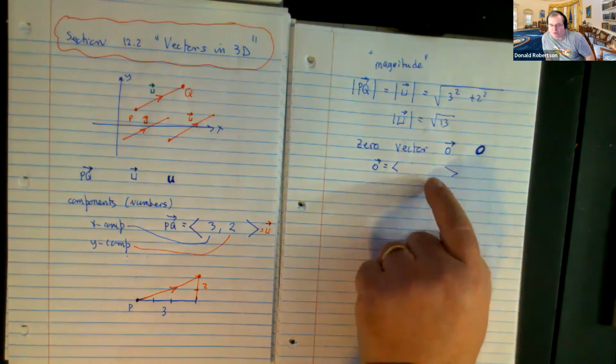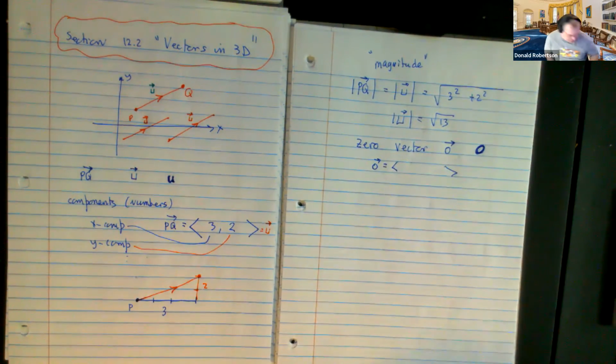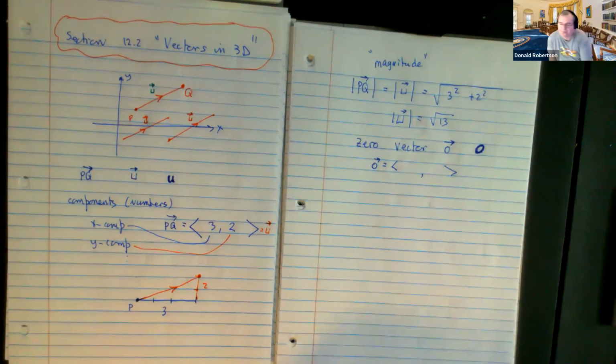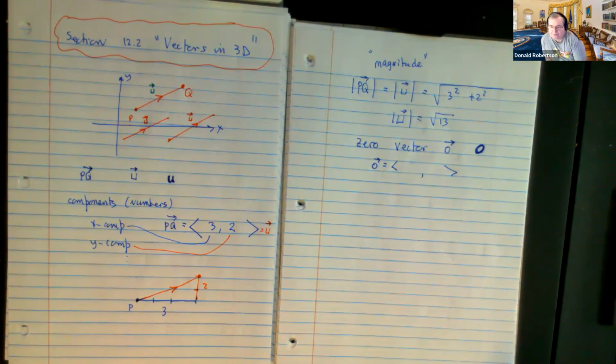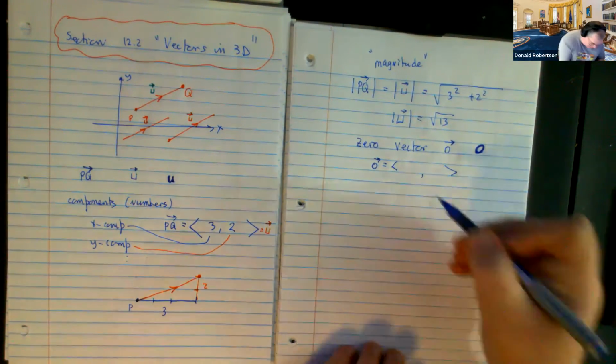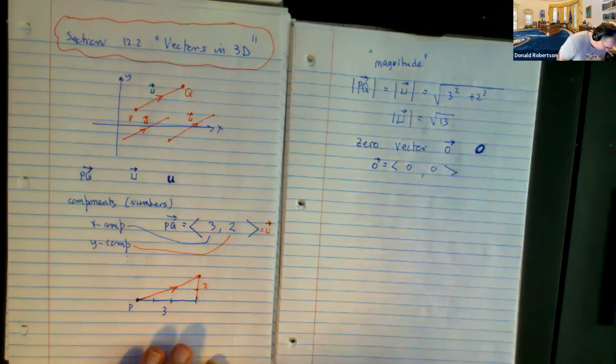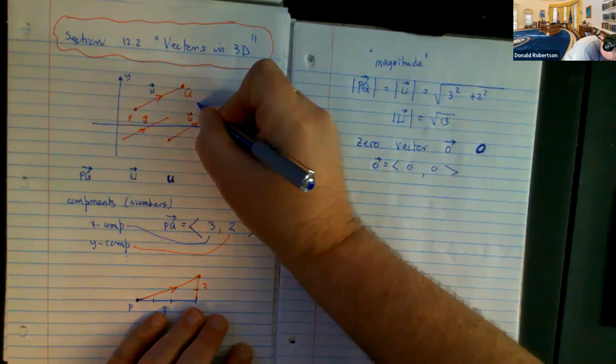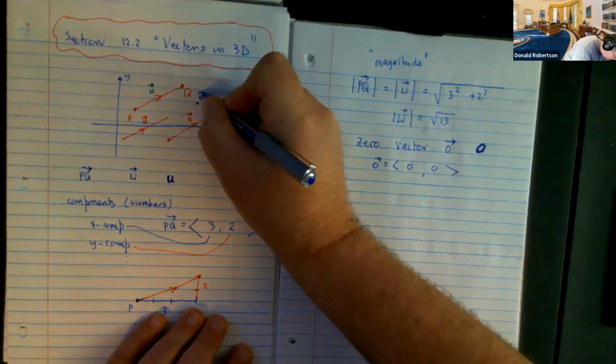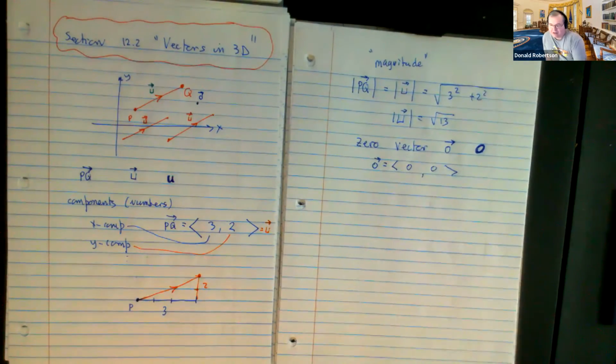What are the numbers? Both zeros. And if you want to draw the zero vector, it's a dot in space. You start at a point and just don't go anywhere. So the zero vector is the only vector with 0 magnitude. Would that make sense, that its length is nothing?